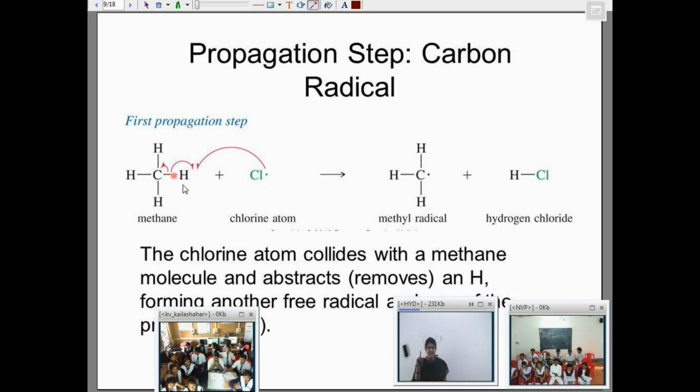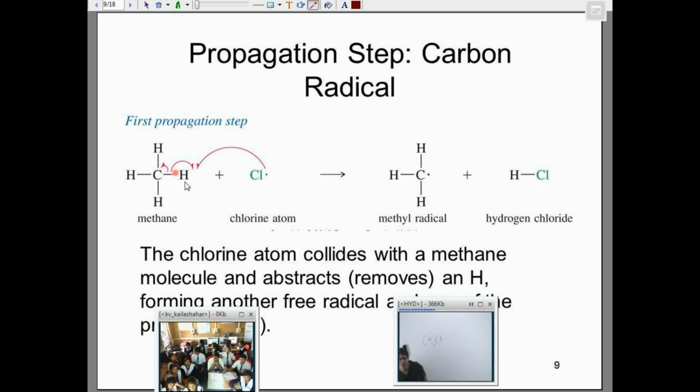So whenever you see a single bond between two atoms, it shows that there are 2 electrons. A single bond is nothing but 2 electrons. Okay? So if there is a single bond between this carbon and hydrogen, it means there is 1 electron here, 1 electron here.